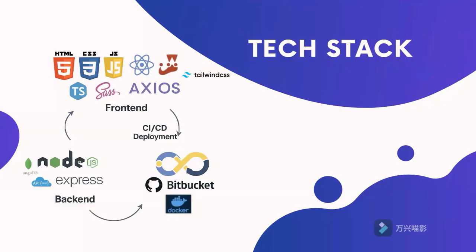Docker is used for containerization, making our deployment consistent across environments. So overall, this stack allows us to build, test, and deploy efficiently while keeping our code base maintainable and scalable. Okay, now I'm going to move on to Kevin.